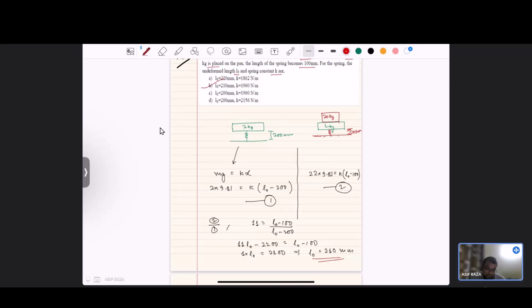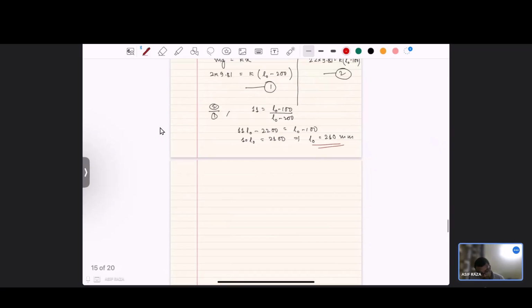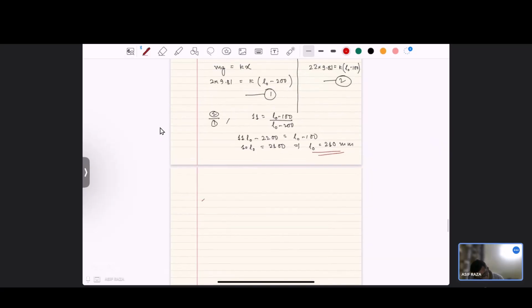So K is 1960. Let's confirm that also. Now substitute the value of L0 in equation 1, we get 2 into 9.81 equals K times 210 minus 200.